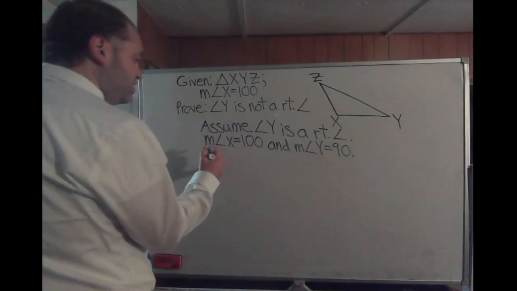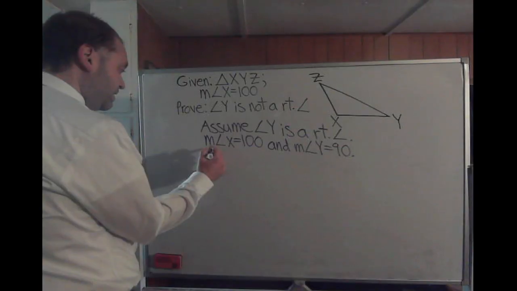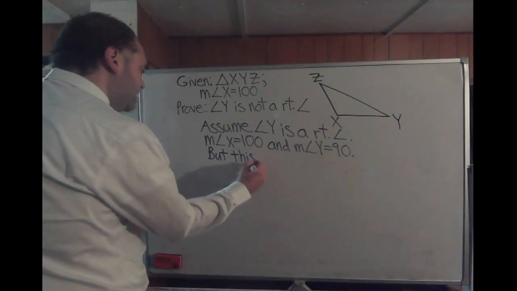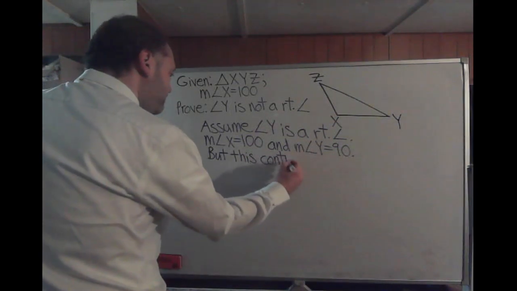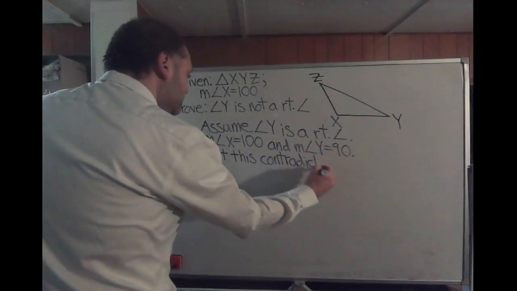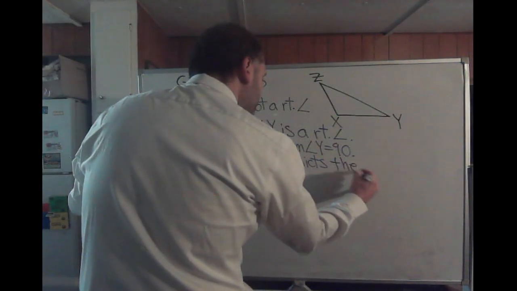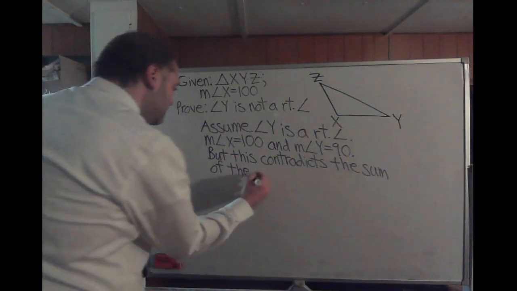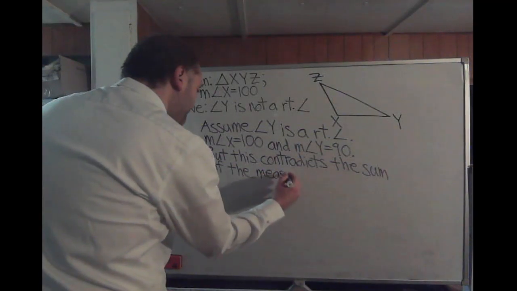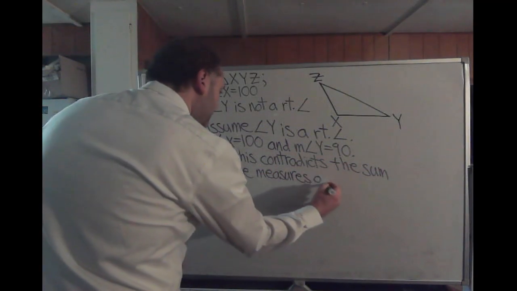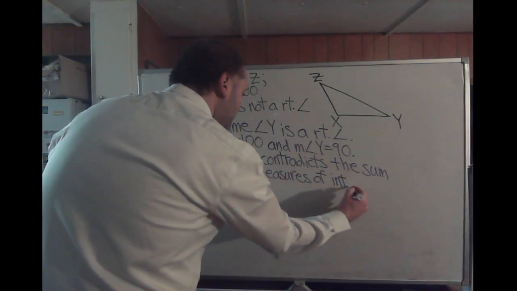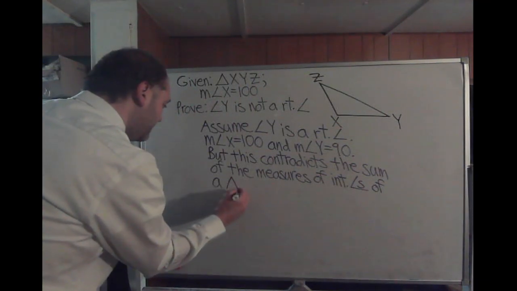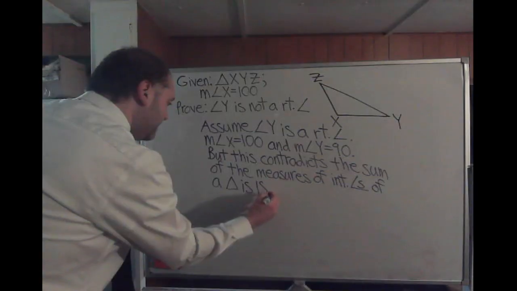In this case, we could show right away that we could say, but this contradicts the sum of the measures of interior angles of a triangle is 180.